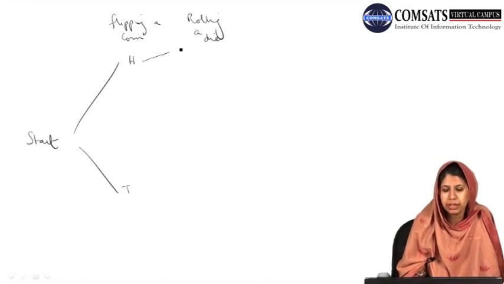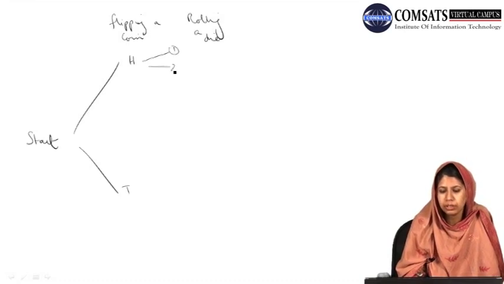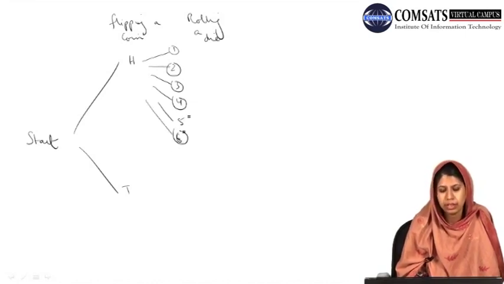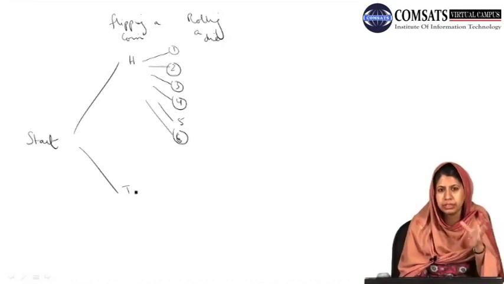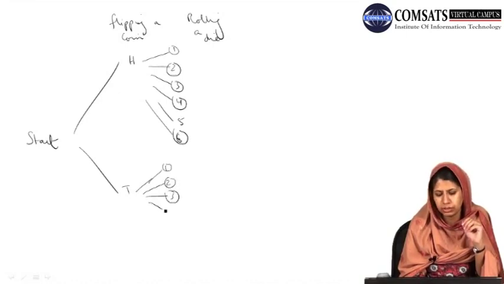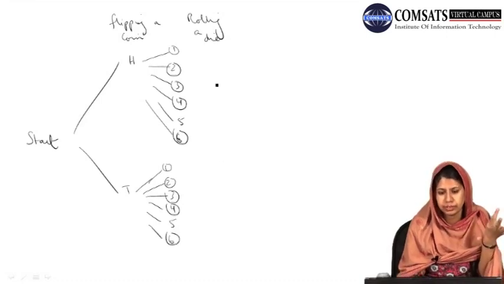With respect to head, either we will obtain 1 by rolling a die, 2, 3, 4, 5 or 6. If we flip a coin and we obtain tail as our first outcome, then again we have 6 possible outcomes when we roll our die. That is, either we obtain 1, 2, 3, 4, 5 or 6.